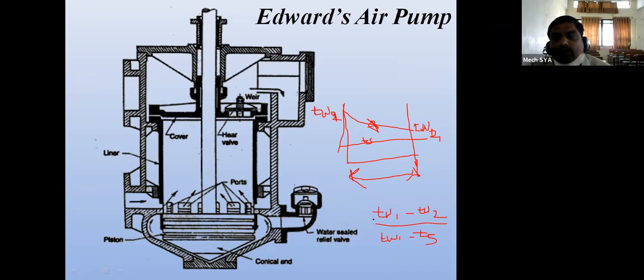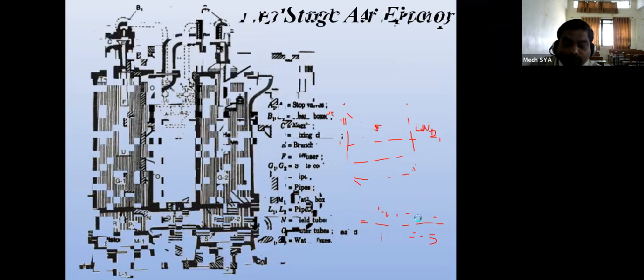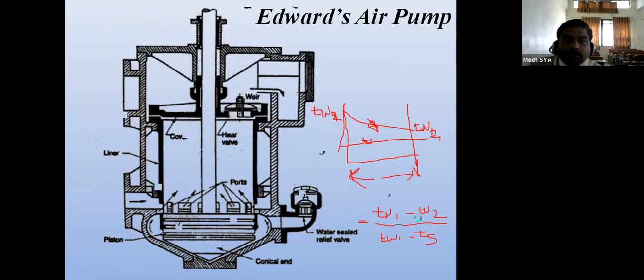This ratio is called condenser efficiency. That is, the actual rise in cooling water temperature to the maximum possible rise in cooling water temperature, that ratio we call the condenser efficiency.